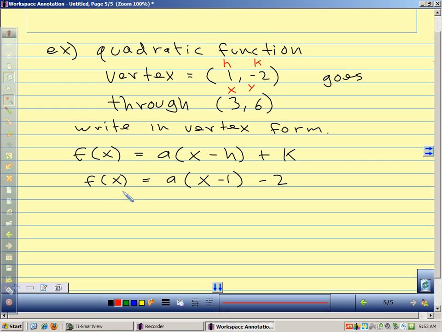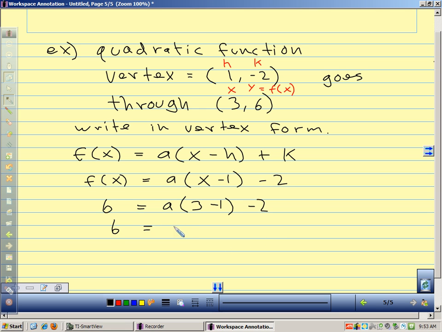F of x and y are the same thing when we're talking about functions in function notation. So I can plug those in. So f of x is 6, and that equals a times x, 3 minus 1, minus 2.